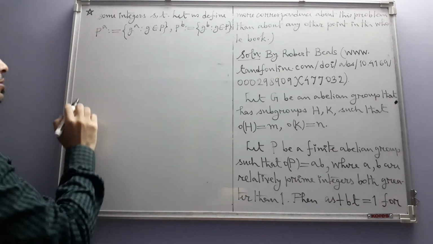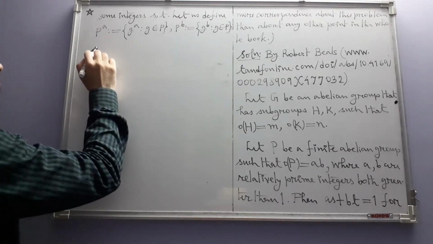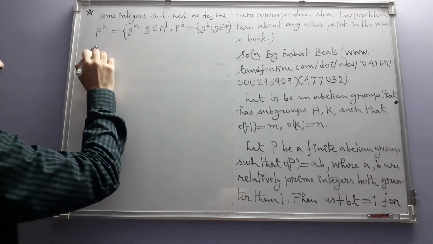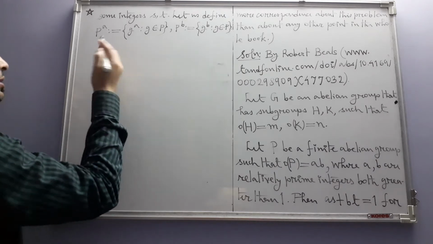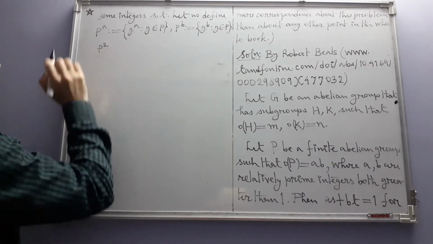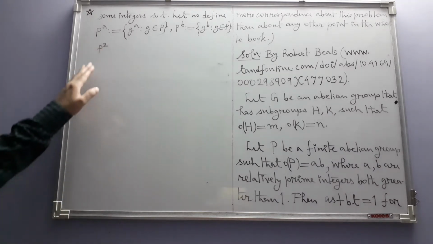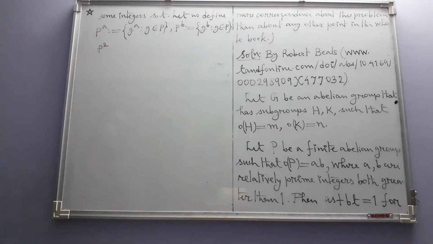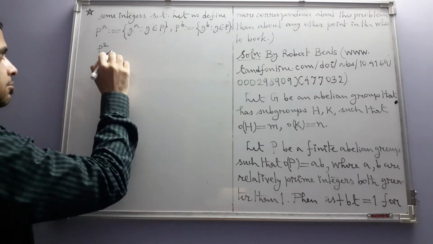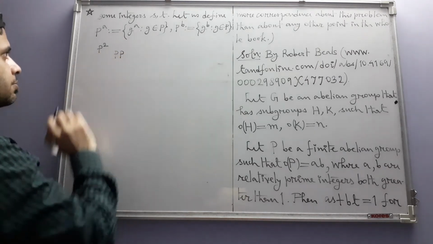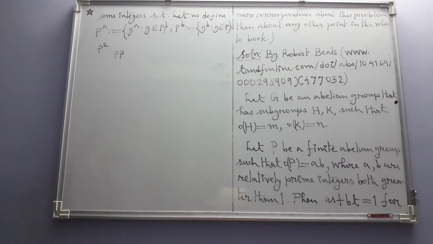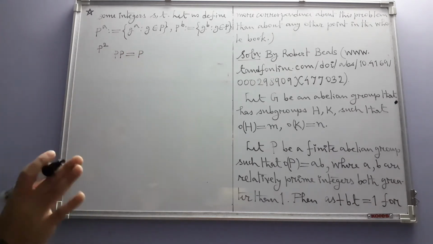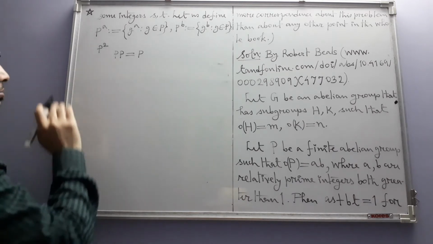Don't confuse this P_A with something else. For example, say A is 2, then according to our notation we would denote this set by P squared. It has another meaning, which is the product of P with itself, which is actually equal to P. So it's not that product.